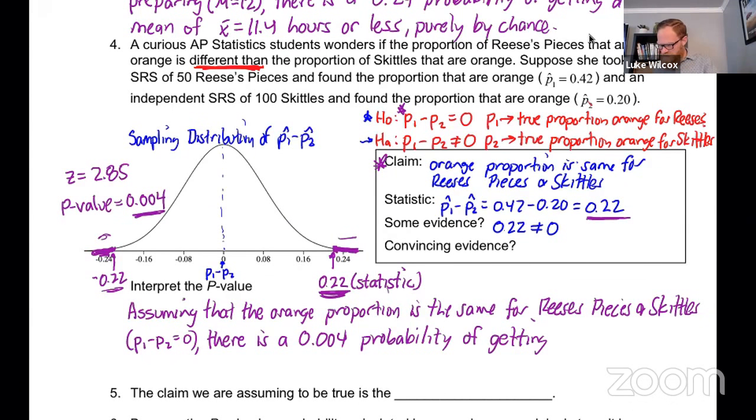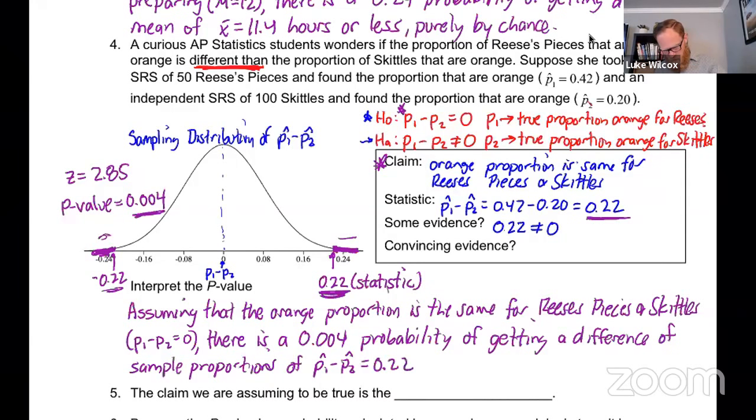So I'm going to say of getting a difference of sample proportions of p1 hat minus p2 hat equals 0.22 or farther from 0. So that's taking care of both sides of the distribution here, 0.22 or farther from 0. And then we need our purely by chance.